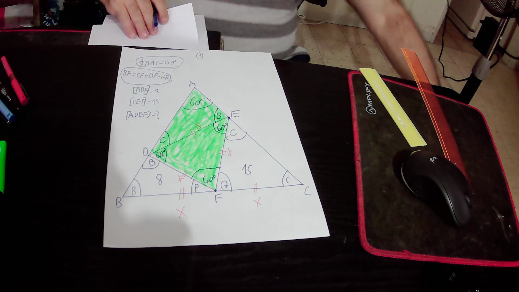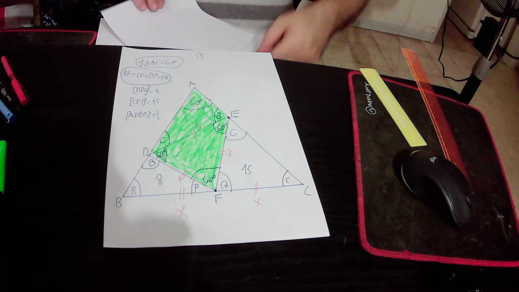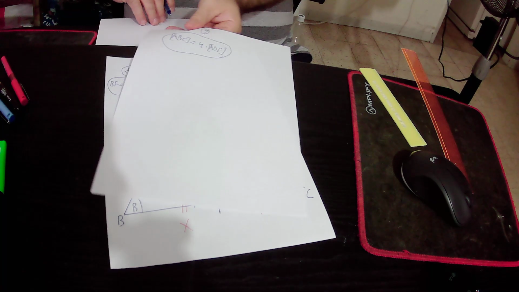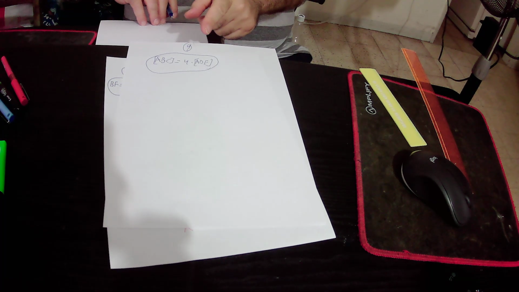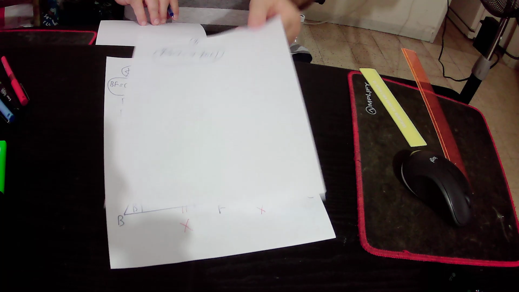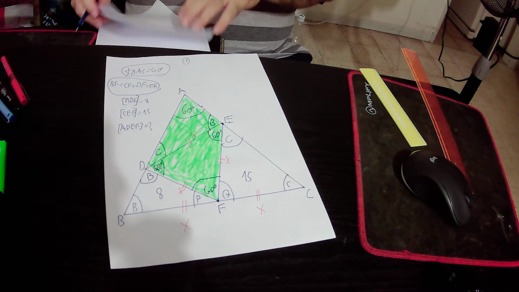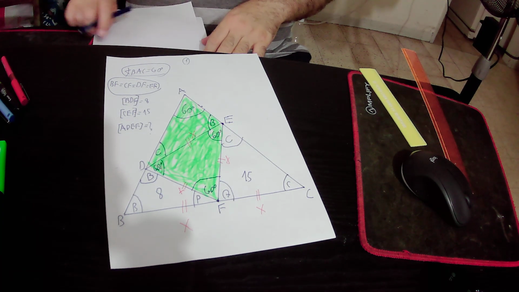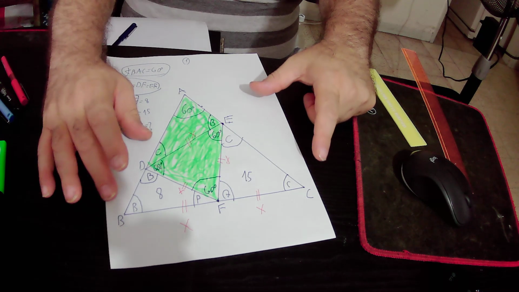Again, the area of triangle ABC equals 4 times the area of triangle ADE. In the next step, we will find out the area of quadrilateral BDEC.